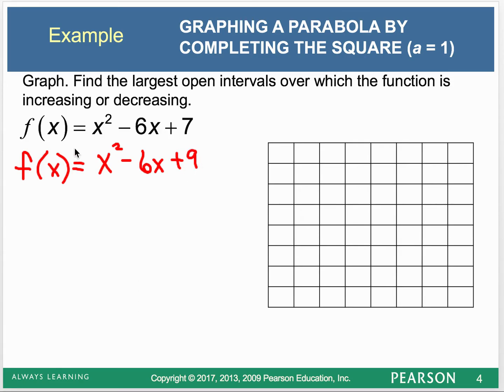But now, once again, since I don't have a numeral over here that I can combine with that 9 and that 7, I can't add it to this side. So I'm just going to add it and then take it right back off on the same side. Right? So I still have that plus 7 out there. It doesn't change my equation either if I just put a plus 9 minus 9.